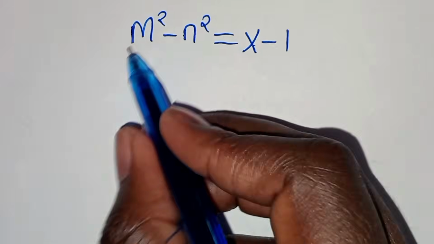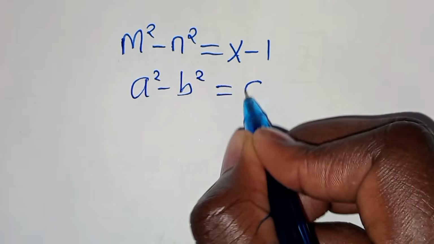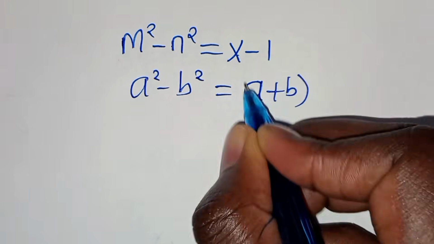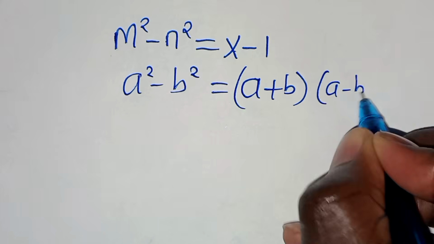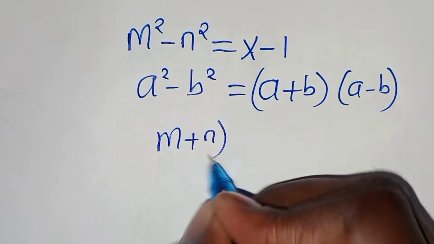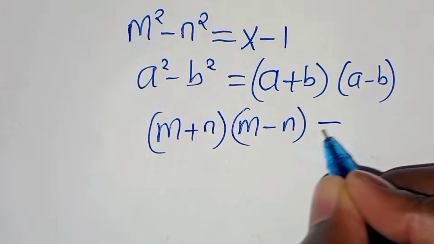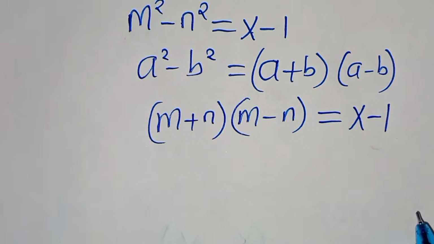Now this is in the form of a squared minus b squared, which we can express as a plus b times a minus b. So here we have m plus n multiplied by m minus n, equal to x minus 1.